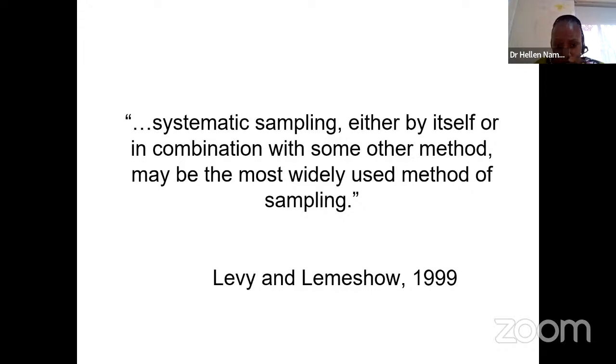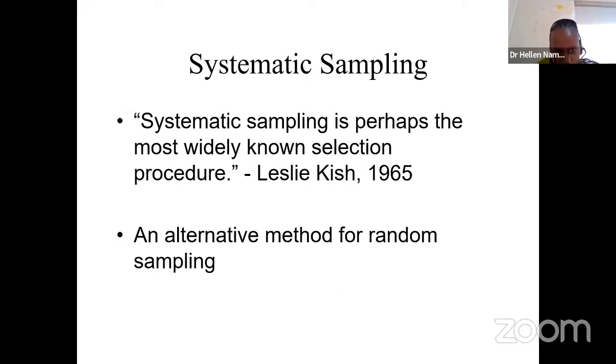What about systematic sampling? When you look here, according to Levy 1999, systematic sampling, either by itself or in combination with some other methods, is maybe the most widely used method of sampling. Like we said, there are various methods, but whatever sampling approach you pick should enable you to come up with the required sample size depending on the objective of your study.